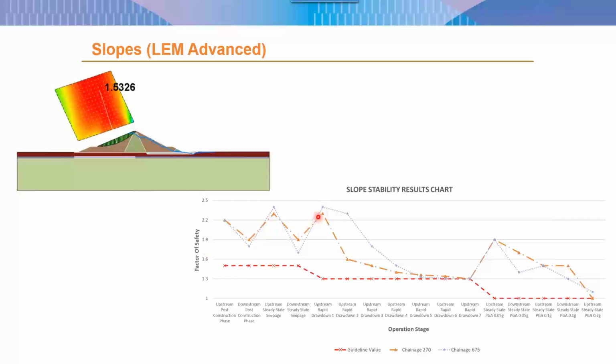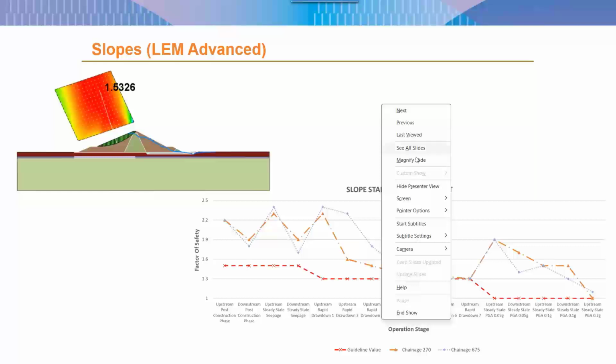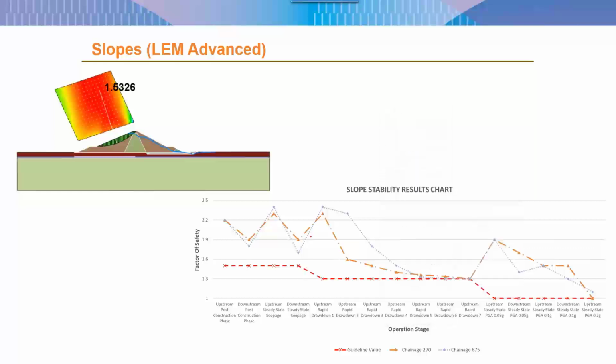So the first part, you can see the factor of safety is quite high because these are normal operating conditions. Then the factor of safety starts dropping in the rapid drawdown scenario. So if I just change my pointer to a pen marker, you can see this is the scenario of the rapid drawdown. It starts from here and goes till here.